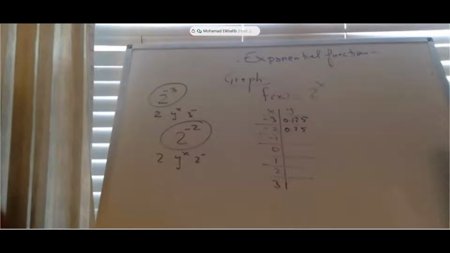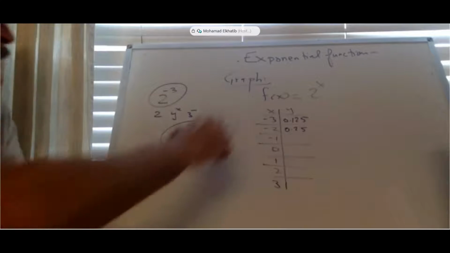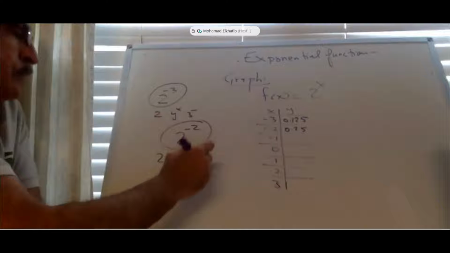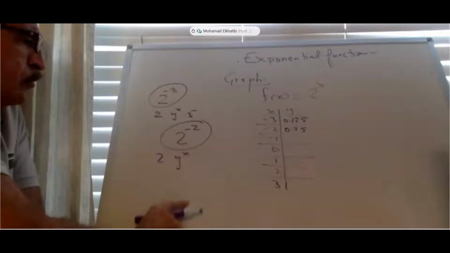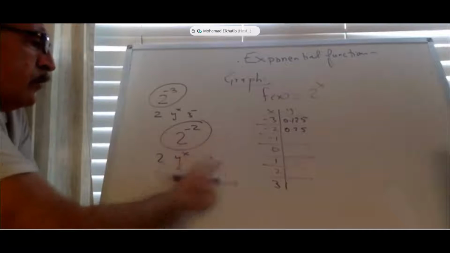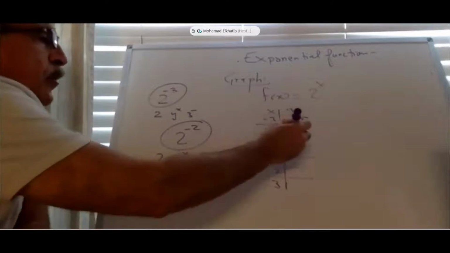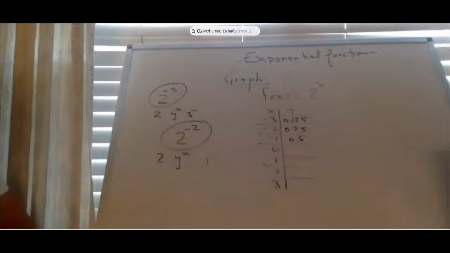How's that number to everybody? Are we good? Yes. Okay. Now x is -1. So I do 2, y to the x, 1 and then negative. I get 0.5. So when x is -1, did everybody get 0.5 for y?